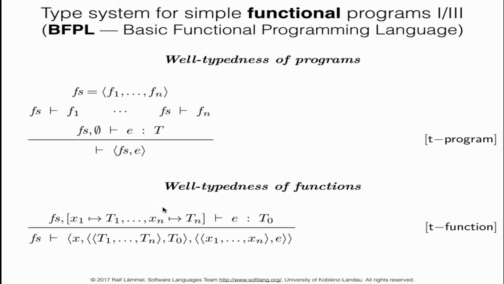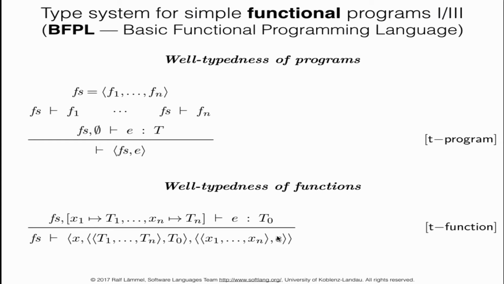Okay, so how do we check that a function definition is well-typed? Well, to this end, we assume this structure here of a function definition. That is, we have a function named x. We have argument types t1 to tn, result type t0. We have the formal argument names x1 to xn, and the body of the function e.